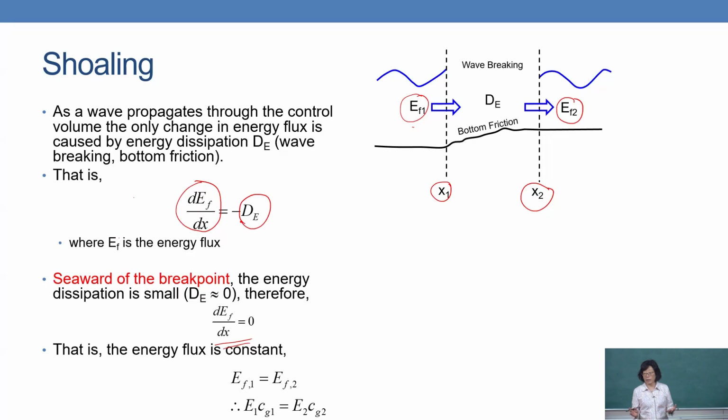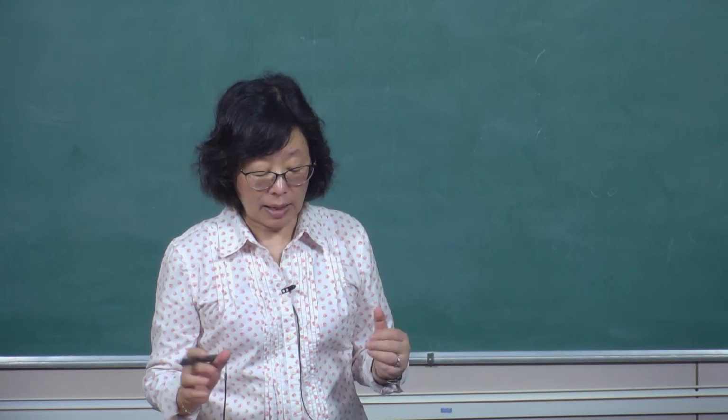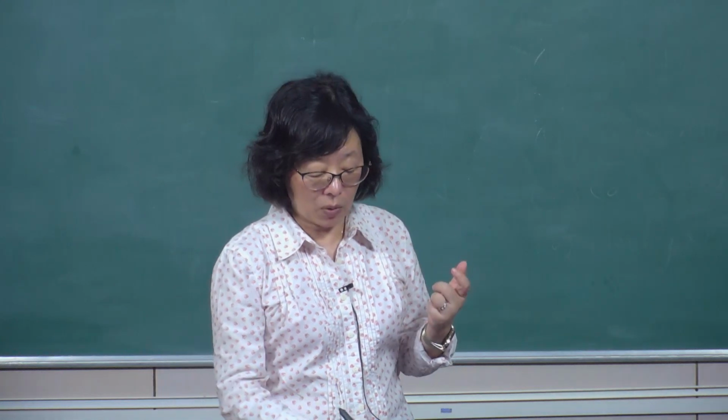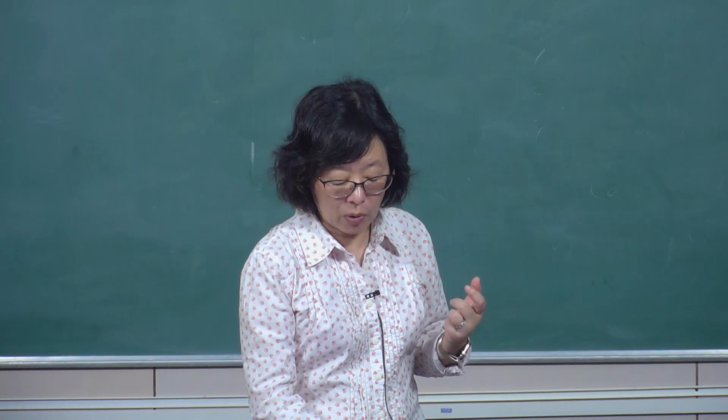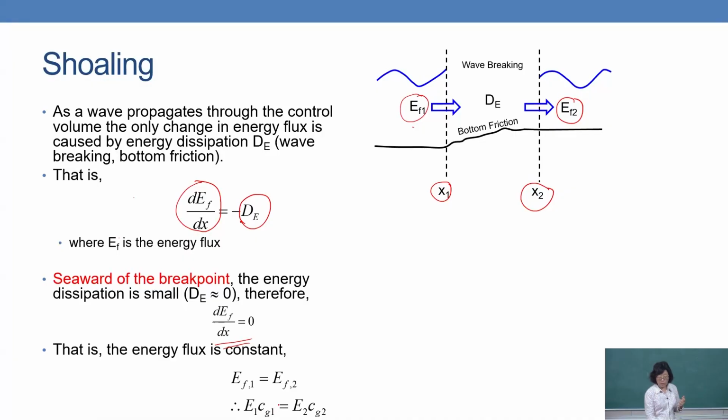There is no energy loss, so we assume they are the same. From yesterday, we know the energy flux is the total energy E1 times the group velocity, balanced by E2 times the group velocity 2 at the second location. That's how we get the shoaling calculation.